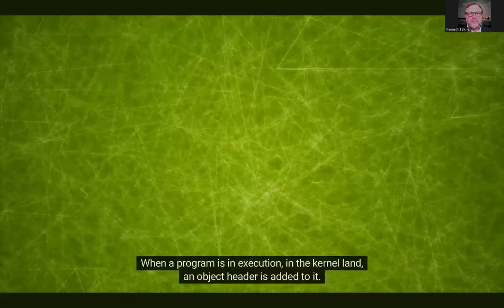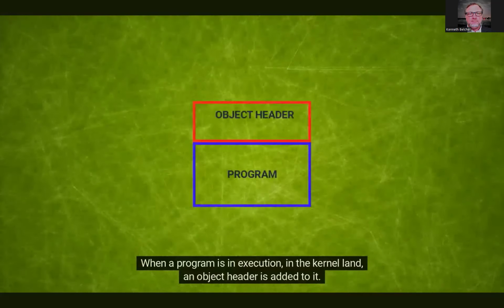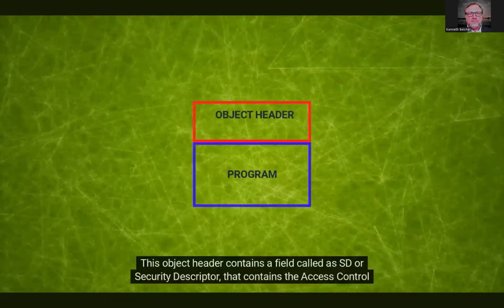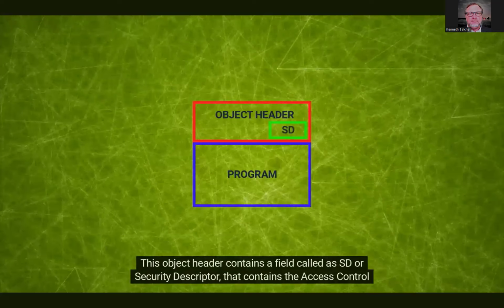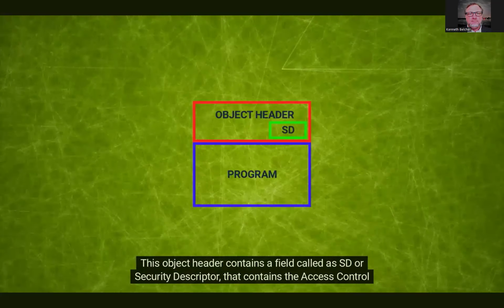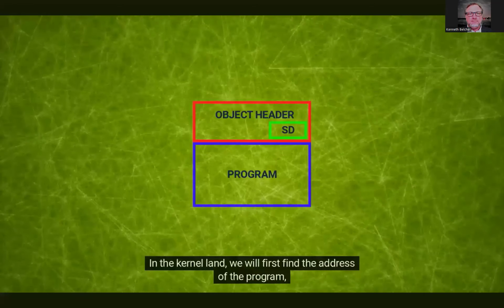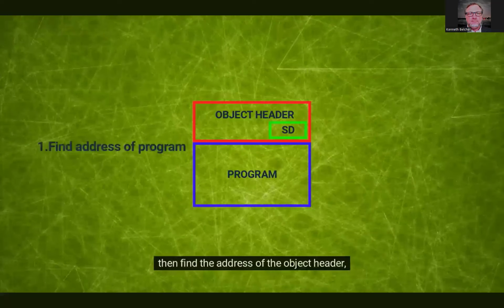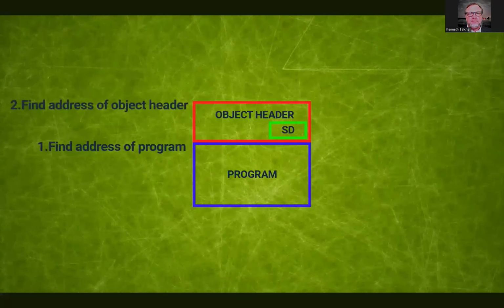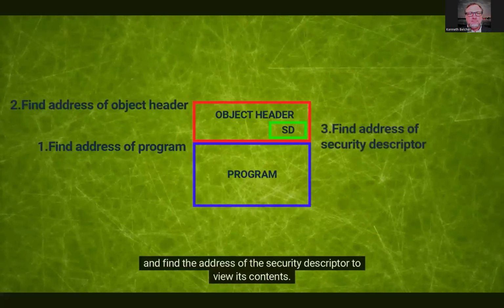When a program is in execution, in kernel land, an object header is added to it. This object header contains a field called SD, or security descriptor, that contains the access control list associated with that program. In kernel land, we will first find the address of the program, then find the address of the object header, and find the address of the security descriptor to view its contents.